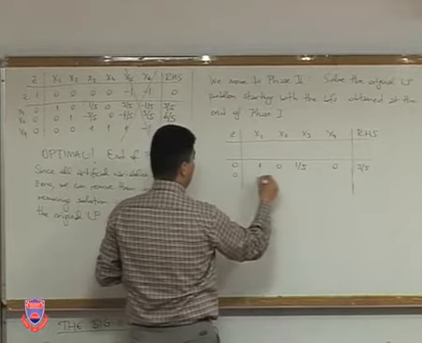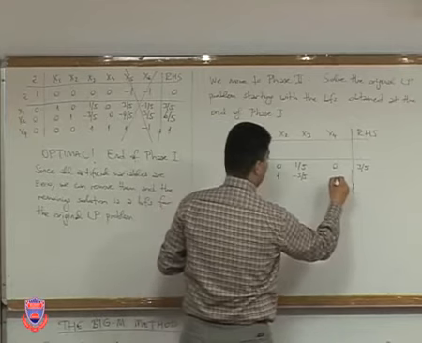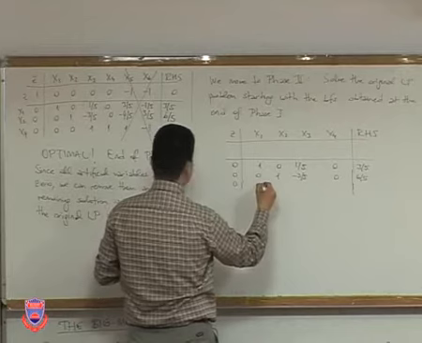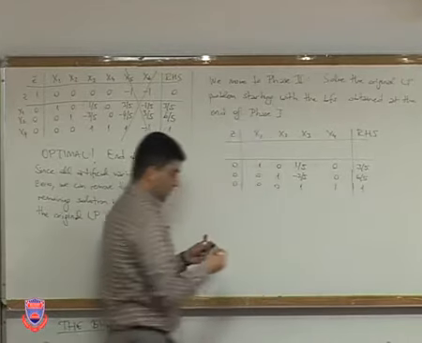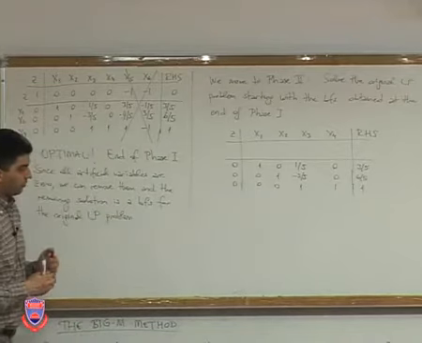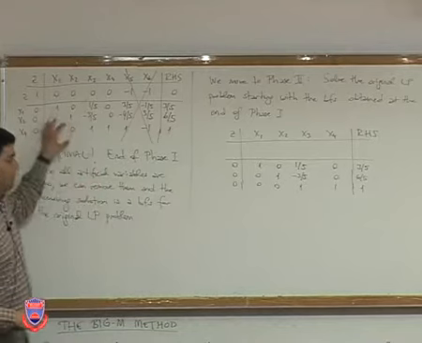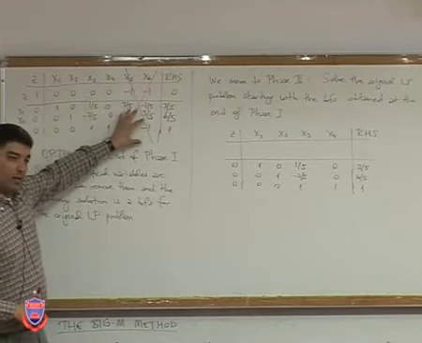I have 0, 0, 1, minus 3 over 5, 0 and 6 over 5. And finally, I have 0, 0, 0, 1, 1, and the right-hand side value is 1. So row 1 through row 3 is exactly the same as in the final tableau of phase 1, without the artificial variables.